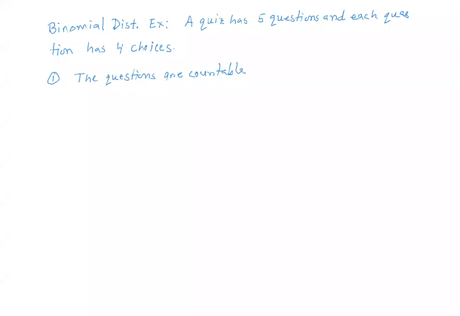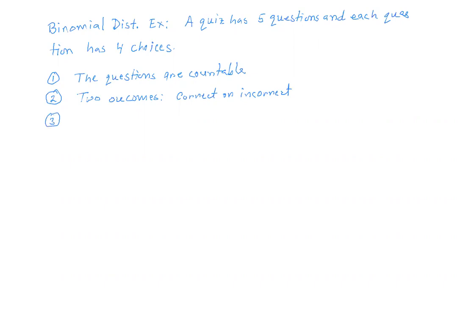There are no fractional questions like 5.75 questions. Number 2, there are 2 outcomes for each question. You get the question correct or incorrect. That's all that could happen.